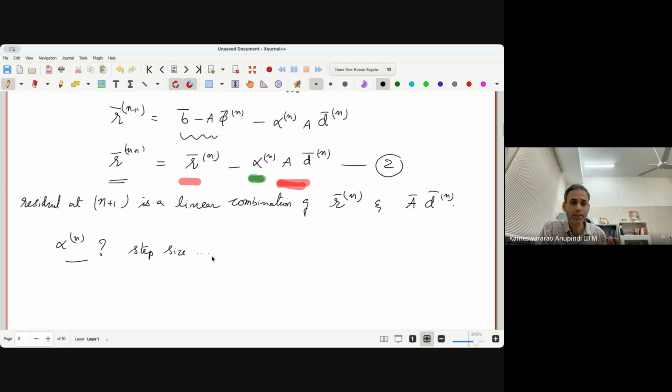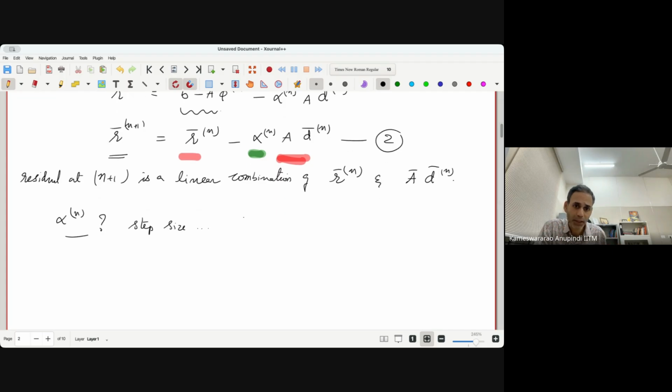To look at what is the αn step size, we know that essentially we have to minimize q̄ of φ̄n+1. We have to get to the minimum. So we have to look at αn such that this is going to be minimum at that location in the direction d̄n. Only if you're looking at a particular direction d̄n, wherever q̄ of φ̄n+1 is minimized, that is the location where you want to go in that direction.